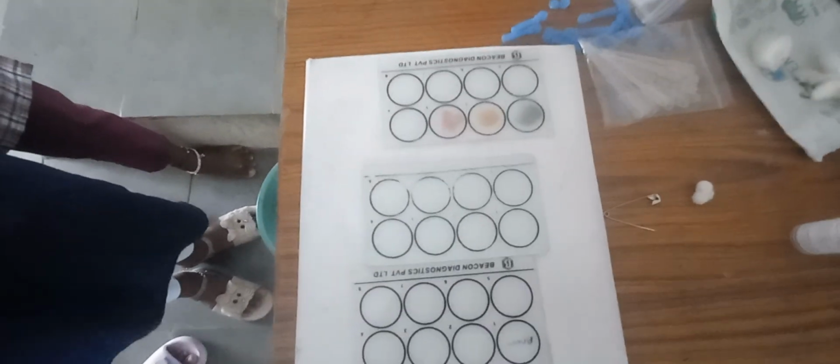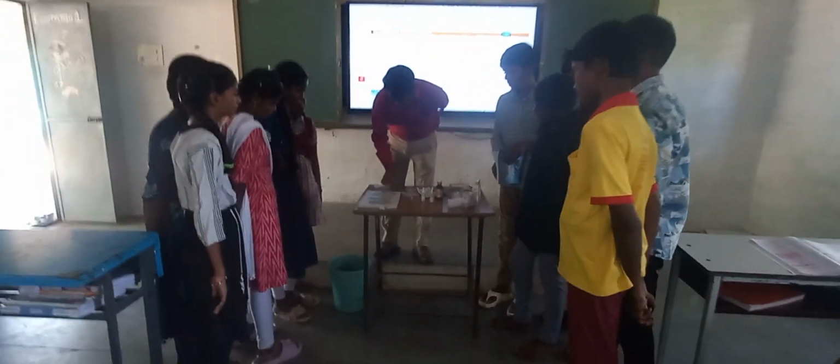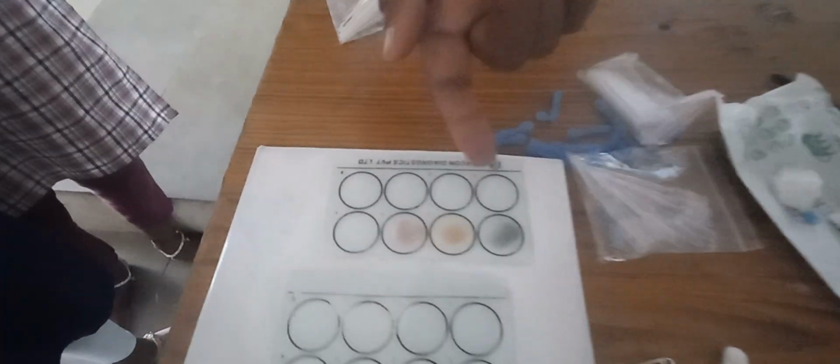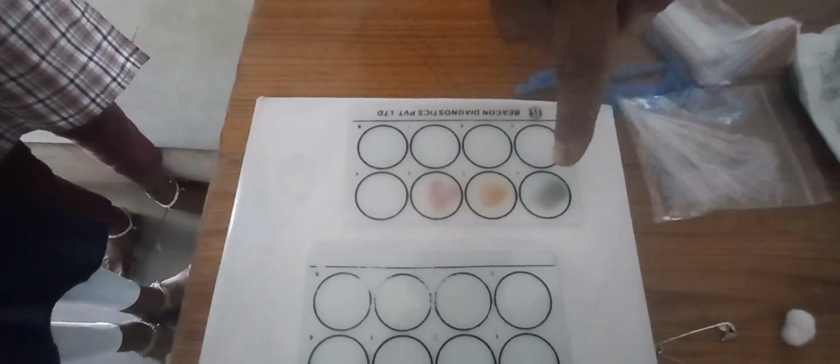Then observe very closely. Is there any clumping in anti-A, anti-B? Is there any clumping? No. A?